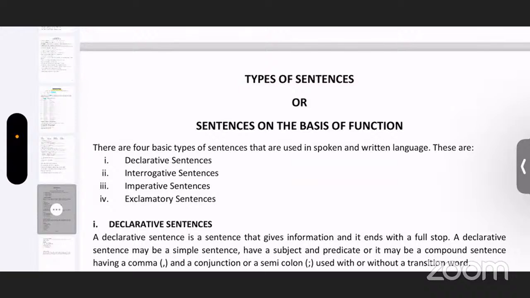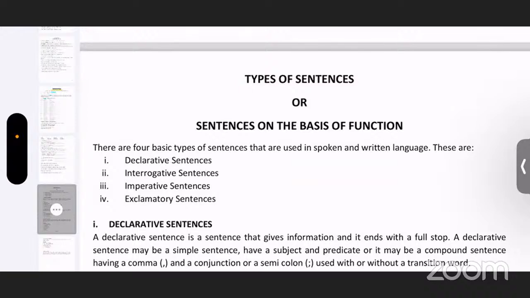There are different categories of sentences that we need to know. Why? Because sometimes we ask questions or say something differently, according to the requirement. Sometimes we speak politely, sometimes we ask a question, sometimes we command, sometimes we simply assert something.